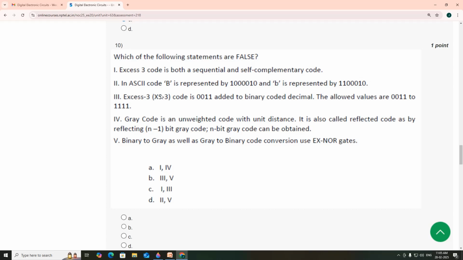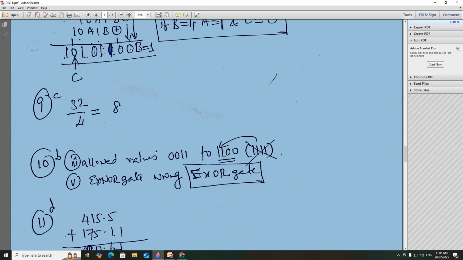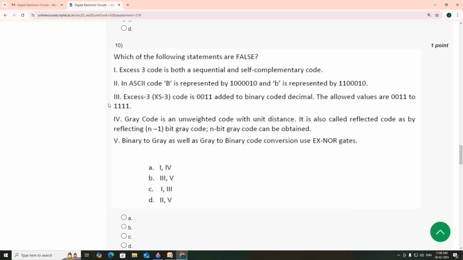And the 10th one, which of the following statements are false? We will see the answer for that one. See number 3, allowed values, 3 is okay, but 4 ones is not allowed. Here 4 ones is not allowed, therefore 3 is false.